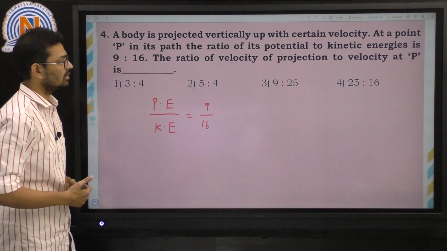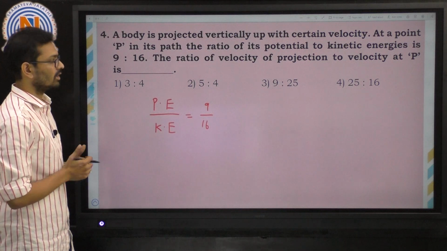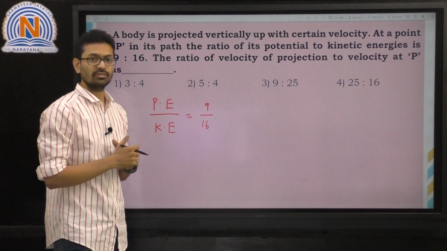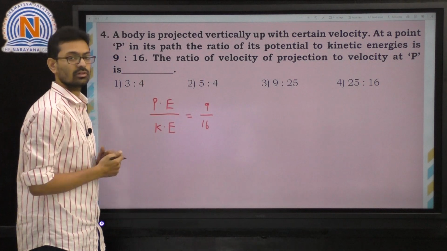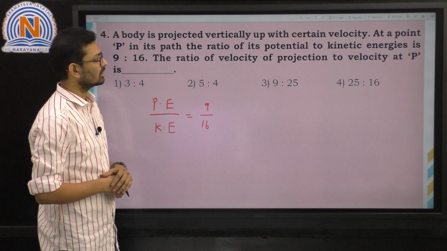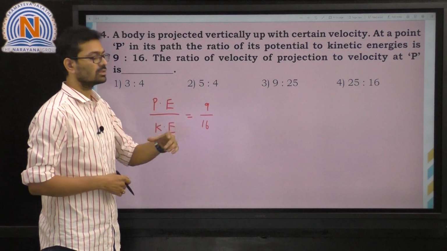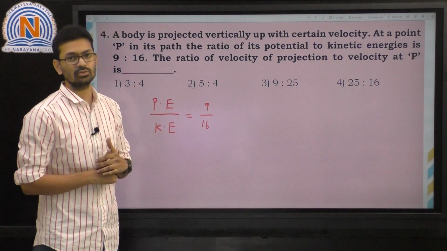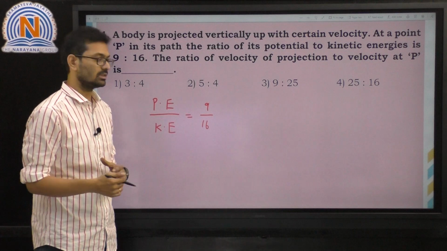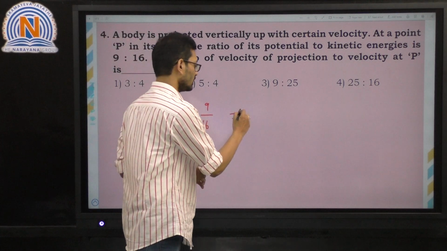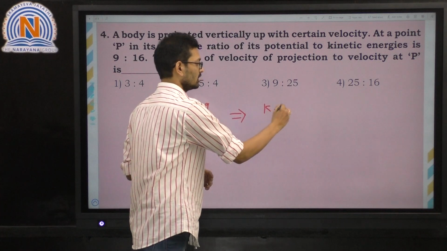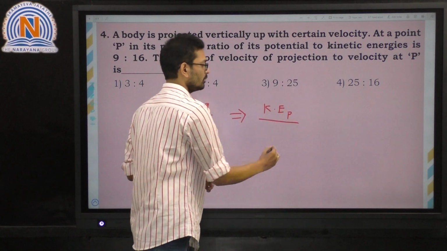The ratio of velocity of projection to velocity at P. Okay, a body is projected vertically up with a certain velocity, and it is at a certain height. Now, when you consider that, you cannot find the velocities directly when you use potential energy. So we'll try to convert it into kinetic energy. So we know at that particular point the kinetic energy is, let us take, KEP.